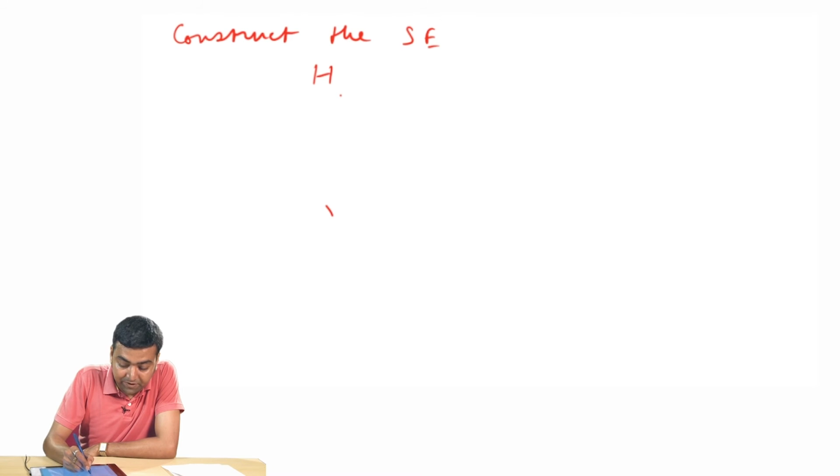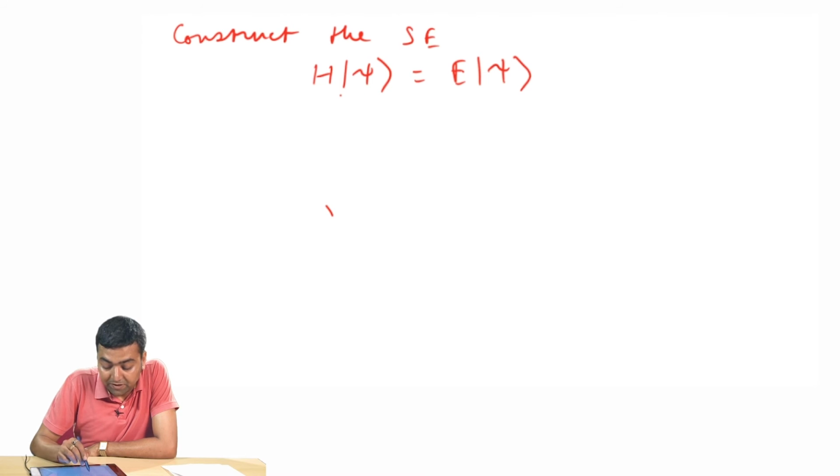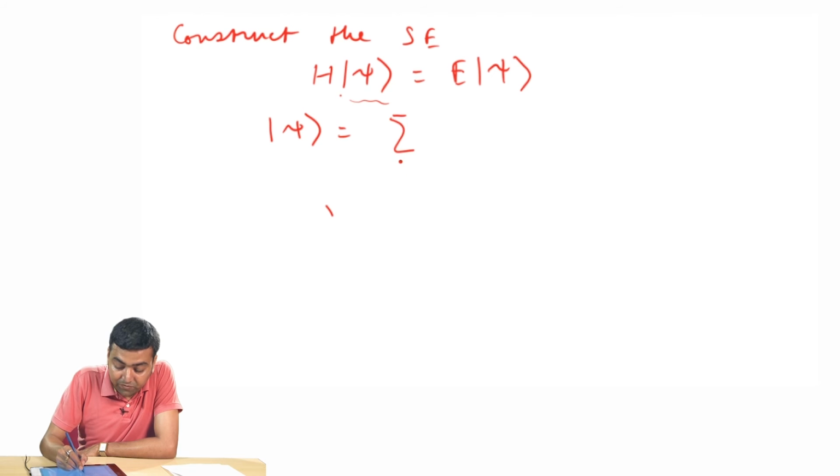We start with H psi equals E psi. This is my Schrodinger equation now using the wave functions in vector form; earlier we had it in the functional scalar form. This psi, you remember, we are going to expand in a basis set with coefficients C k.